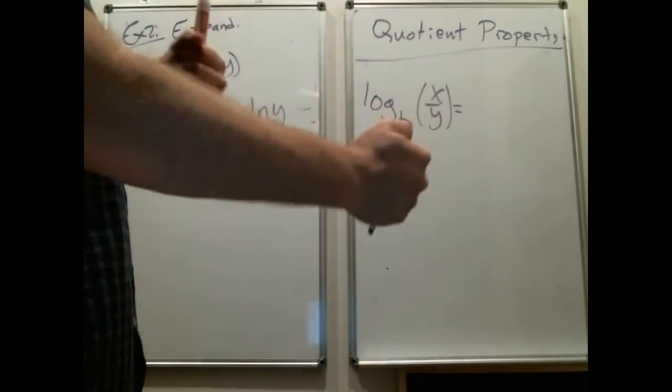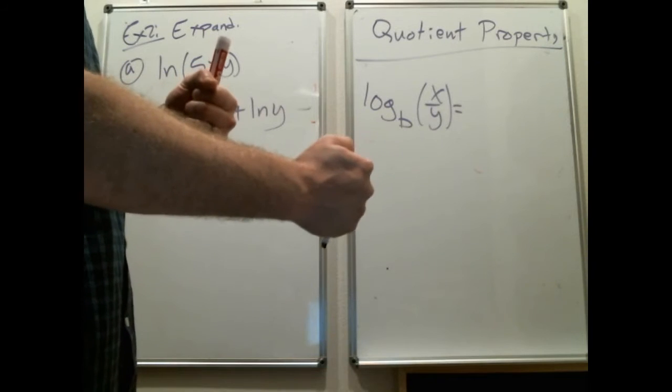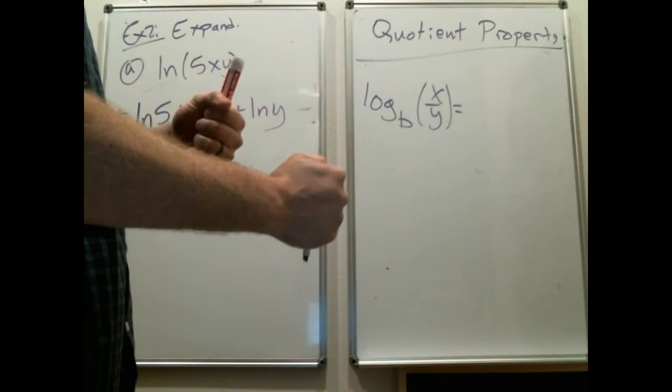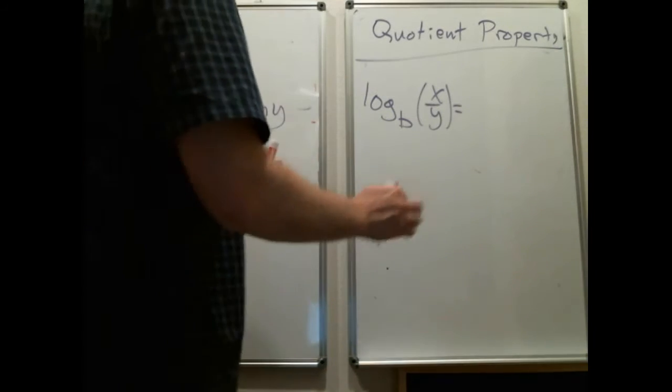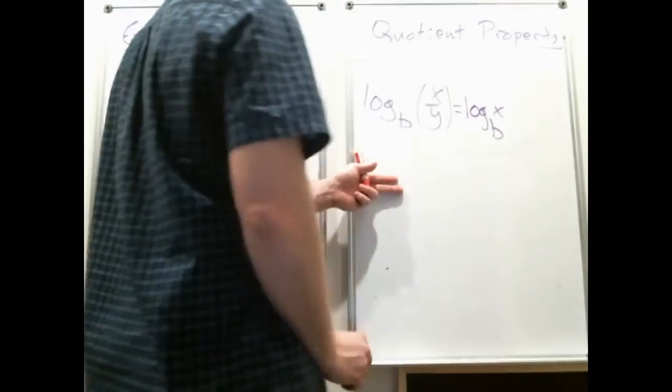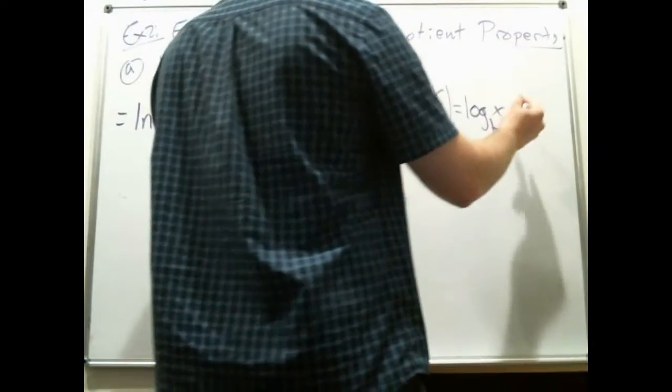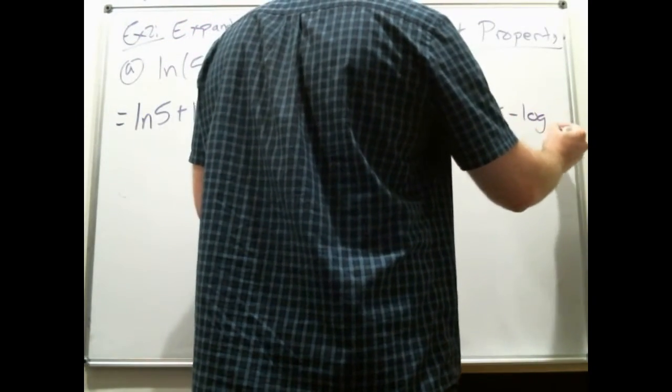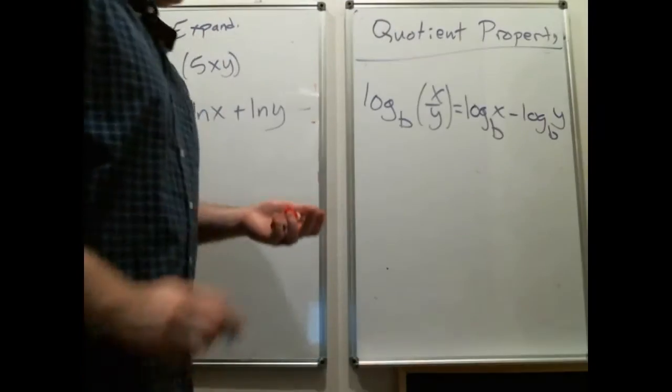We're going to separate them into two different logs, and instead of adding like we did on the product, we're going to subtract them here. So you get log base b of the top minus log base b of the bottom.